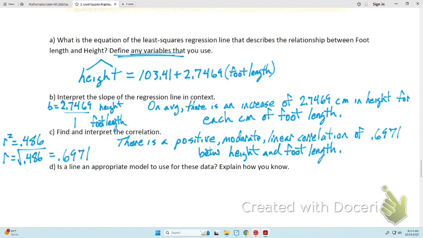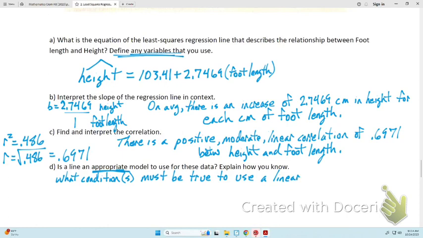Last question, is a line an appropriate model? So a question that they're asking, like another way they could ask this question is, what condition must be true to use a linear model?